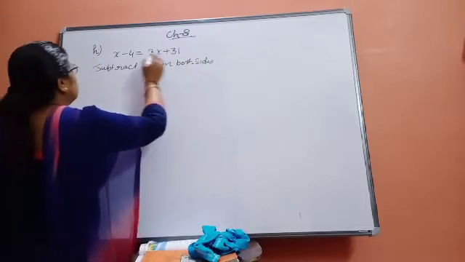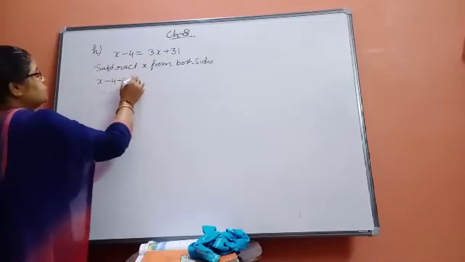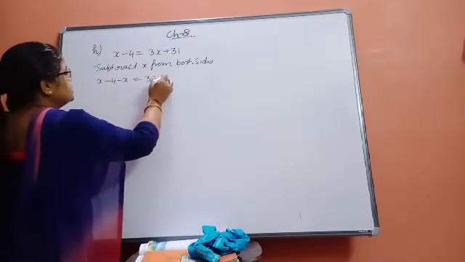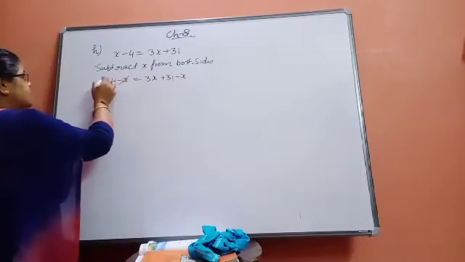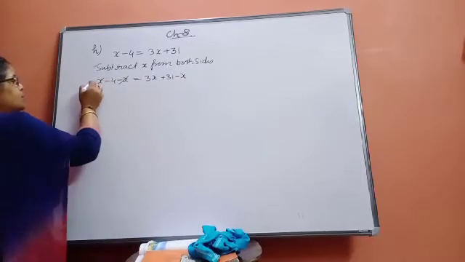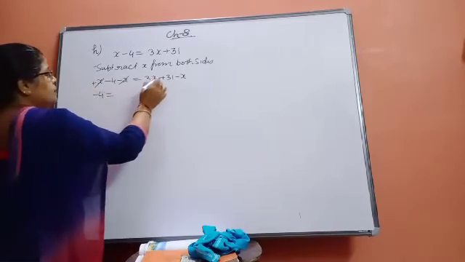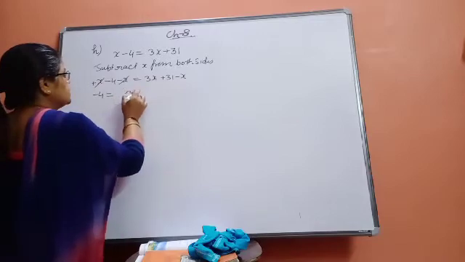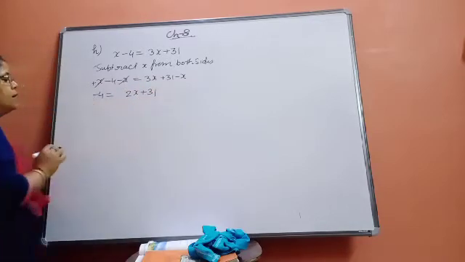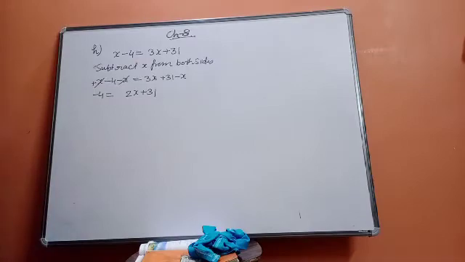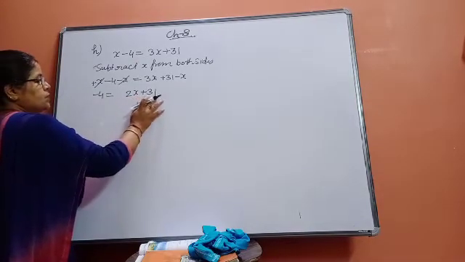Here x is there, so x minus 4 minus x is equal to 3x plus 31 minus x. Beta, plus x and minus x will be cancelled. So minus 4 is equal to 3x minus x, 2x plus 31. Now we don't want this minus 4 here. But before that, first remove this 31 from here.